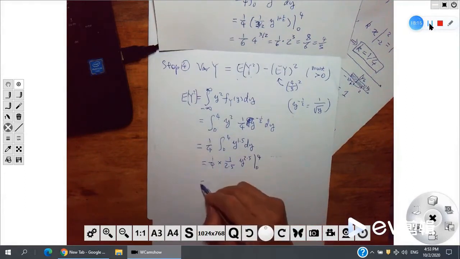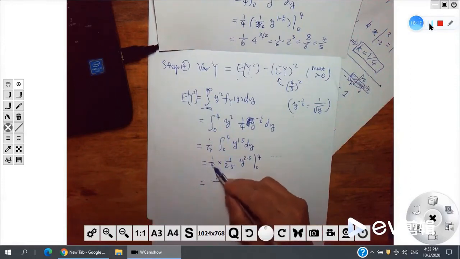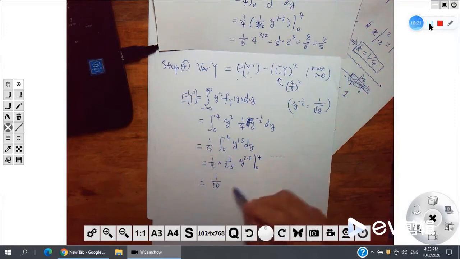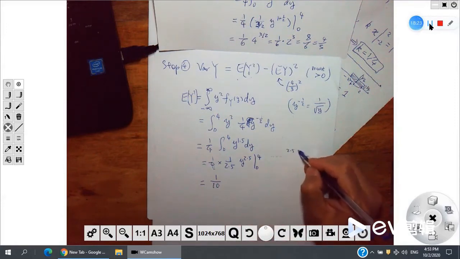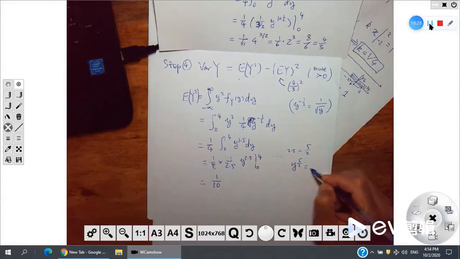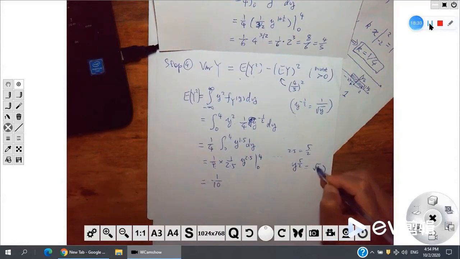So this is 1 over 10, right? And this one, 2.5 is 5 over 2. So y to the 5 over 2, that is the square root of y with power 5.